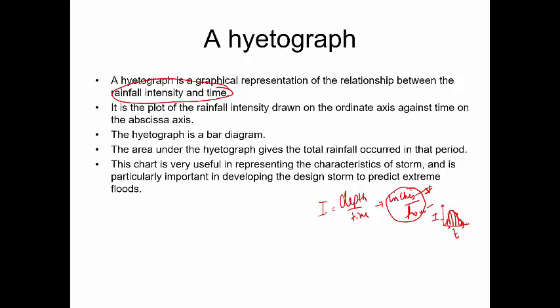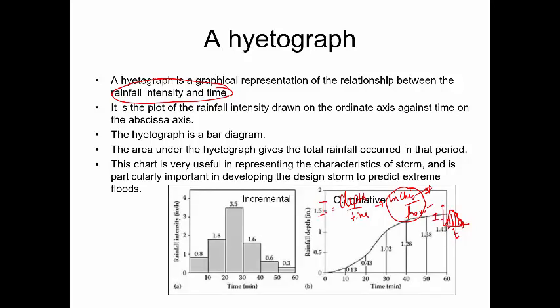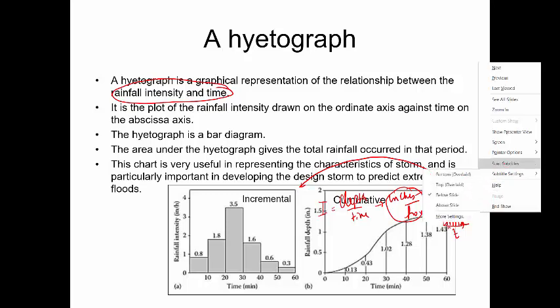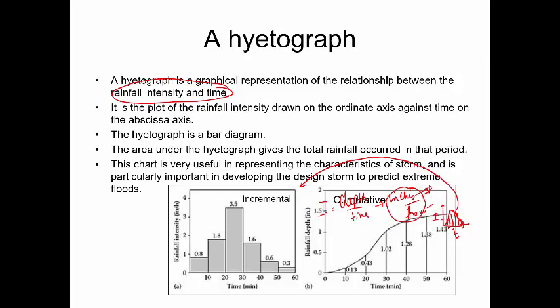So this is really important in predicting storms that we'll use for design of hydraulic structures and to predict extreme floods. So what I have here is the incremental, and it's represented here. Let me delete this so you can observe the others.